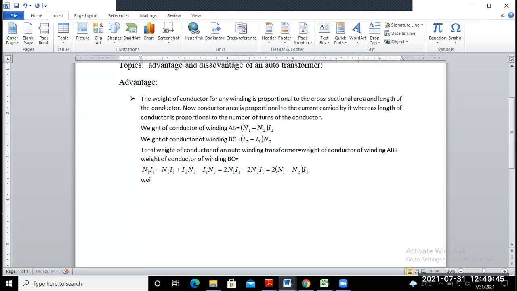So just write here: weight of the conductor of the primary winding of a two winding transformer is equal to N1 I1, is it not?